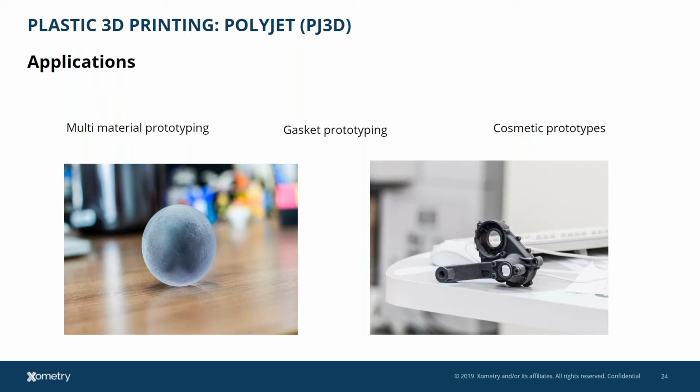So think like a color inkjet where you're depositing your reds, yellows, blues. In this case, you're actually depositing different materials or properties to edit the properties. You can do touch-like prototypes with this, so things that have multi-material. It's a great example of PolyJet. It's also very quick, so it's something where you're usually looking at 2 days or less to shipping on your orders.